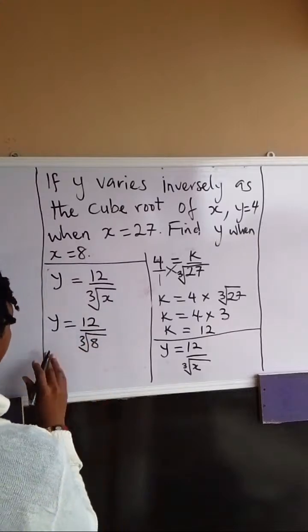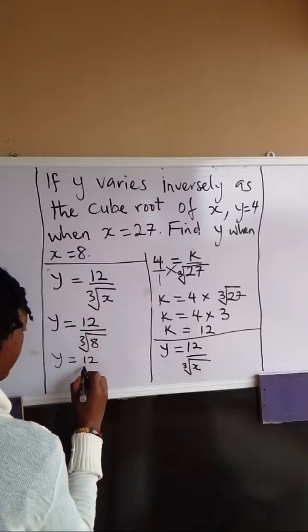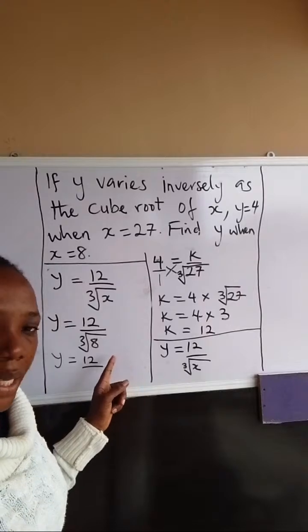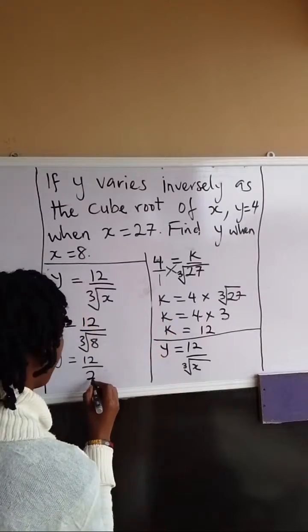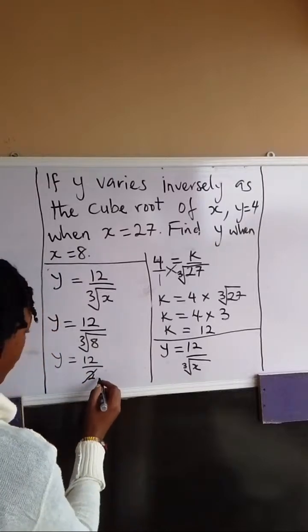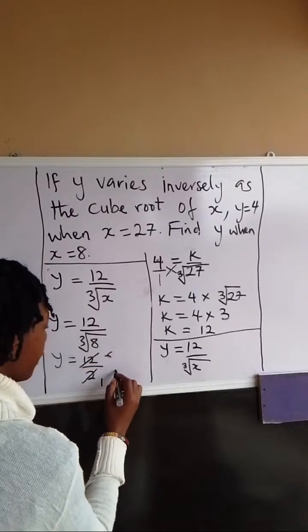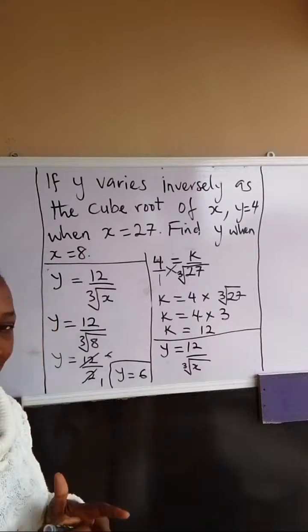Now, what you need to do is y equals 12 over the cube root of 8. The cube root of 8 is 2. So we put that down, and then we divide. 2 into 2 is 1, and 2 into 12 is 6. Therefore, our value for y is 6.